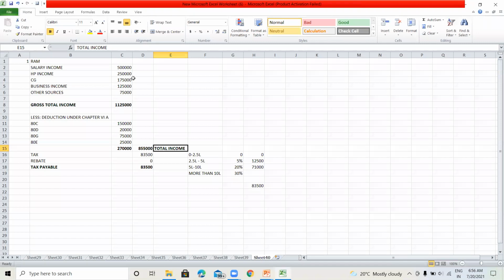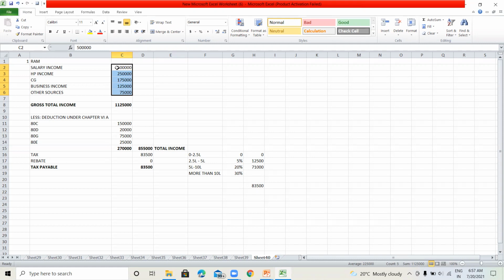Gross total income is the total of the income earned by the assessee, or which is taxable under the five heads of income, after complying with the provision of clubbing. If there is any minor person, then the income of such minor person will be added to the income of his guardians, his parents.